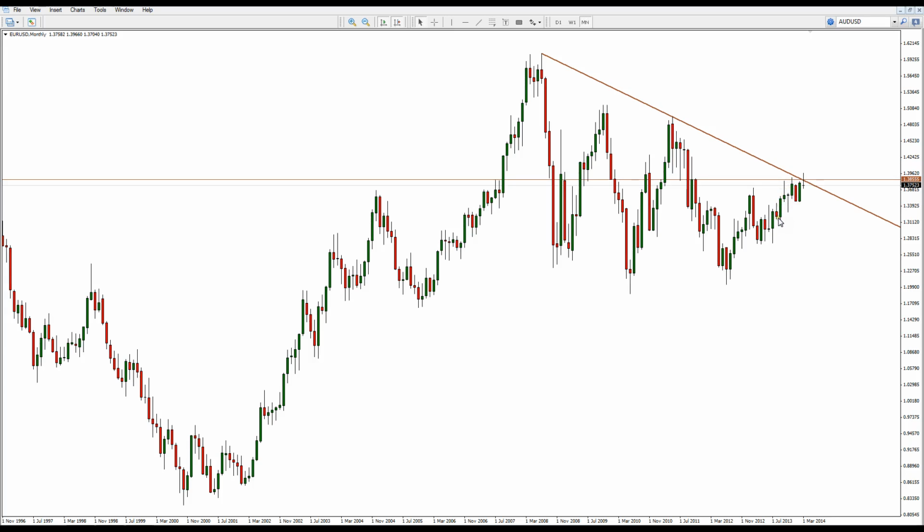Obviously, this is a very simple way to identify a range market. Then the price made a second bearish pin bar, giving us the confirmation of a double top.